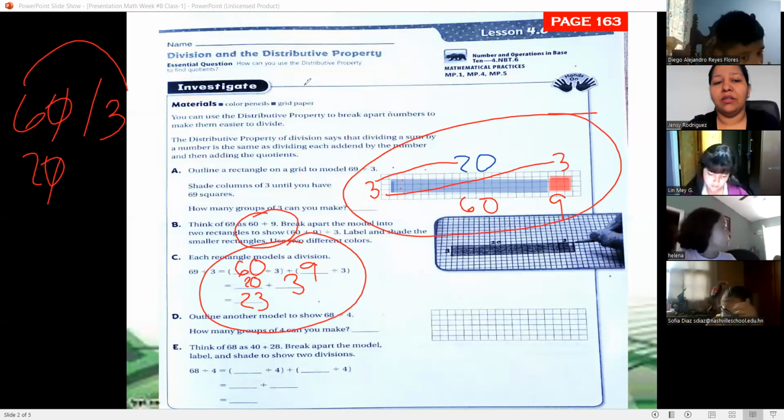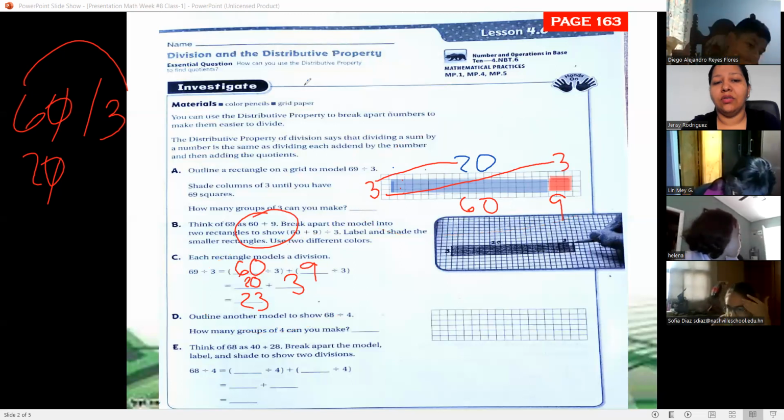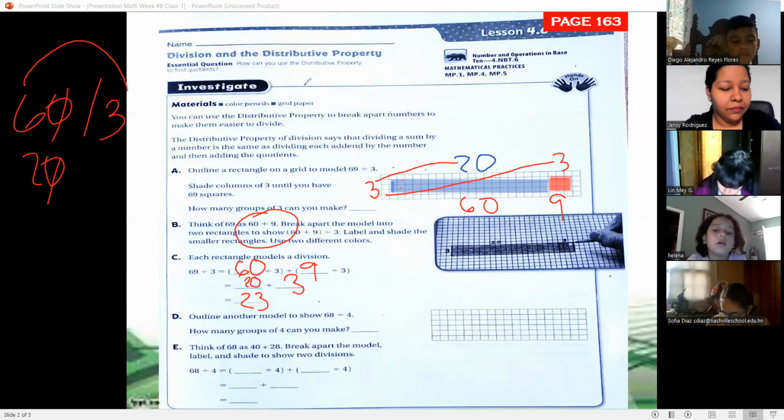So this topic is teaching us 2 different ways how to solve a division, okay? So let's make this an outline, letter D, outline another model in 68 divided by 4. Well, what we need to do in the grid, how many squares do I need to find? 68.